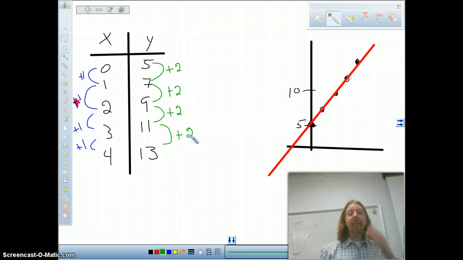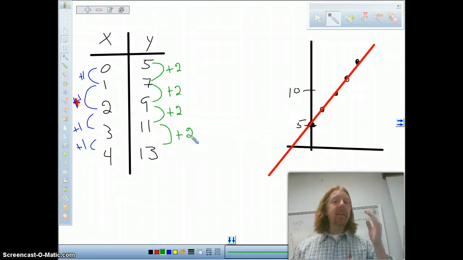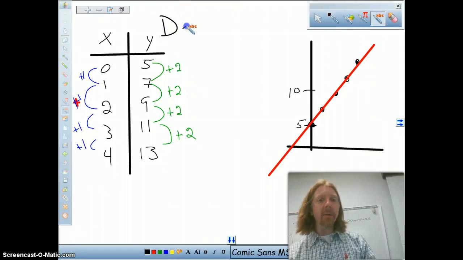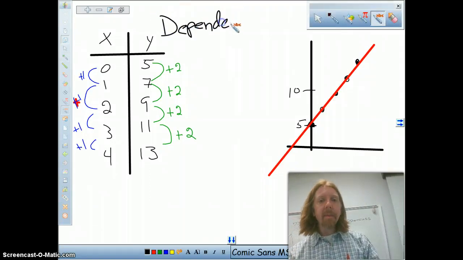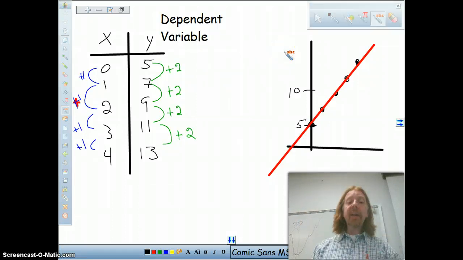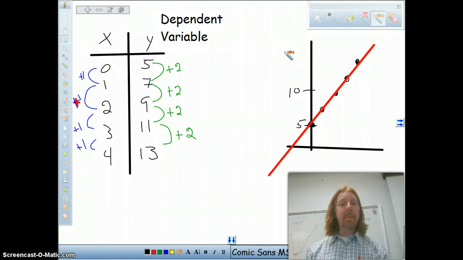I can see that the dependent variable, remember that term, the y values, are increasing by a constant amount.